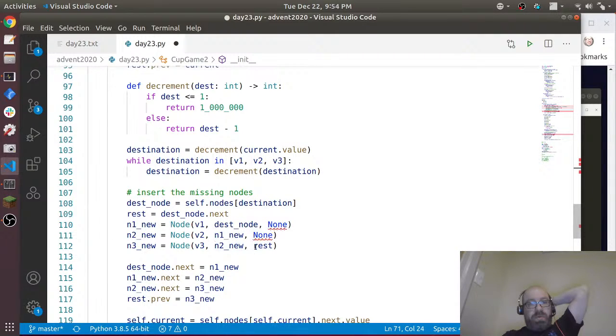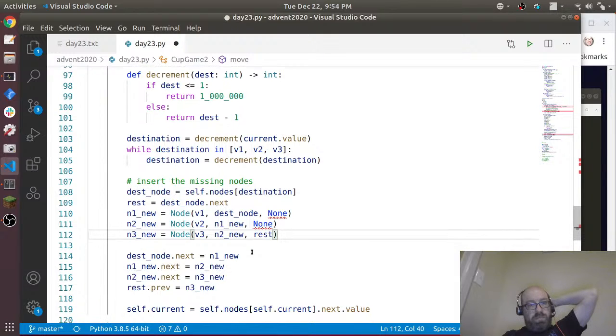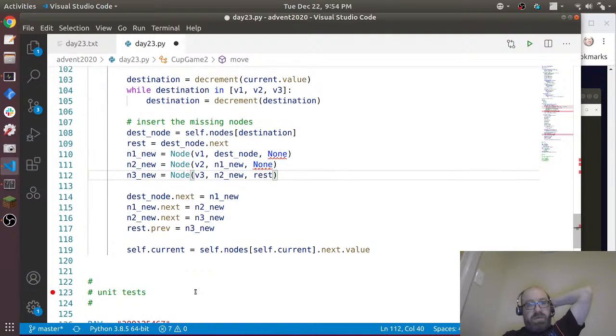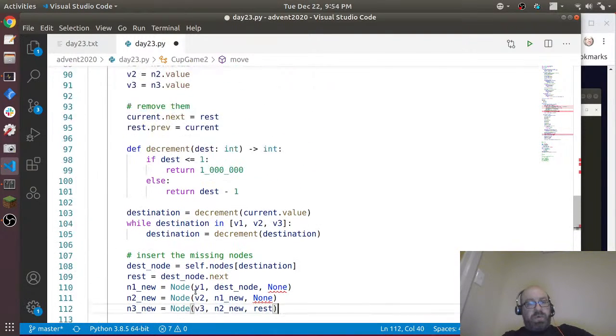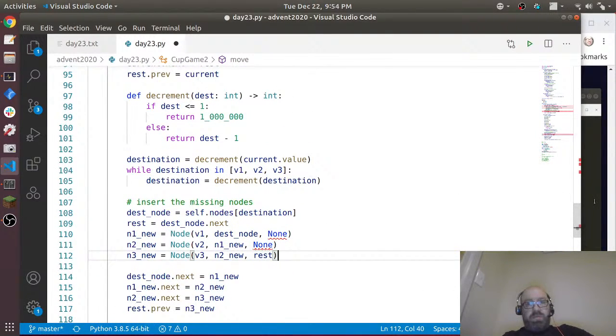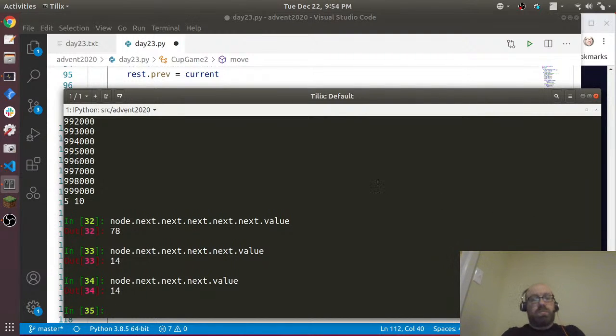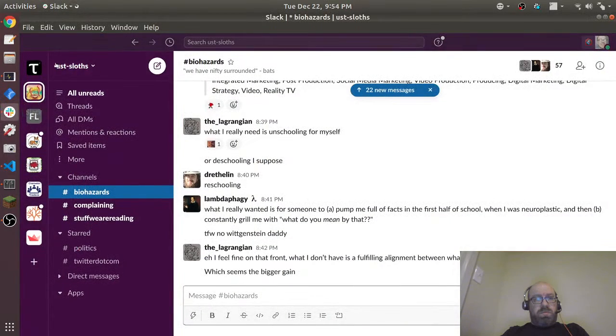N3 new is a node with N2 new, and now it's pointing to a node. Dest node next equals that, N1 new equals that, N2 new next equals N3 new start prev. So that should work. What am I doing?